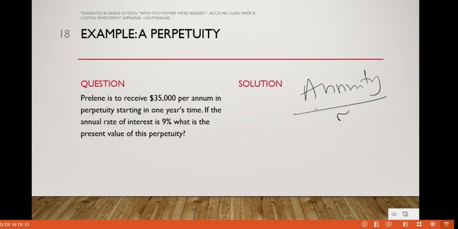So annuity over discount rate. In this case, that's 35,000 all divided by 9%, sorry, 0.09. 9% is 0.09. So let me try to use my calculator.